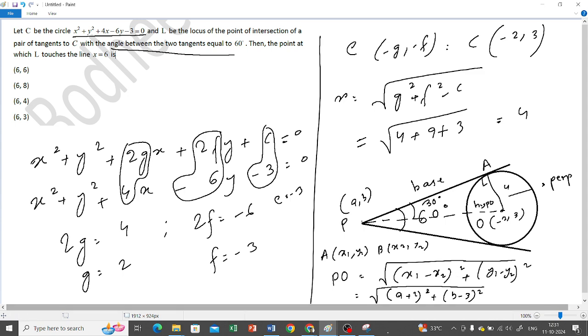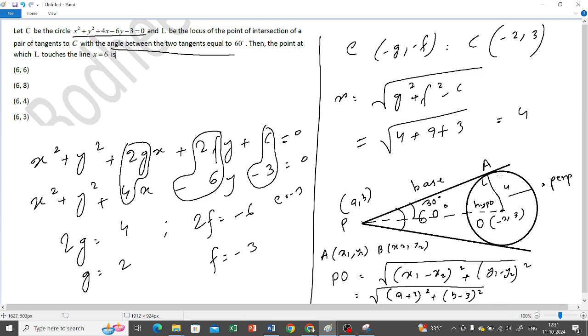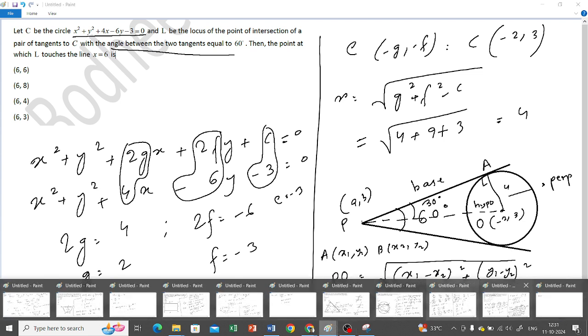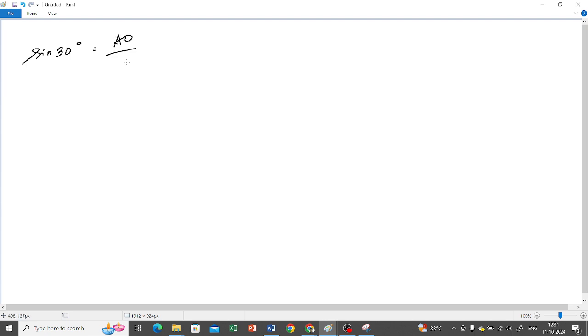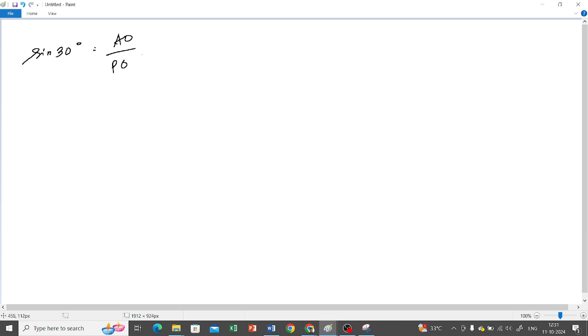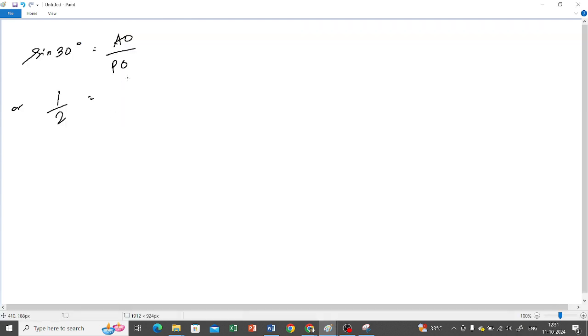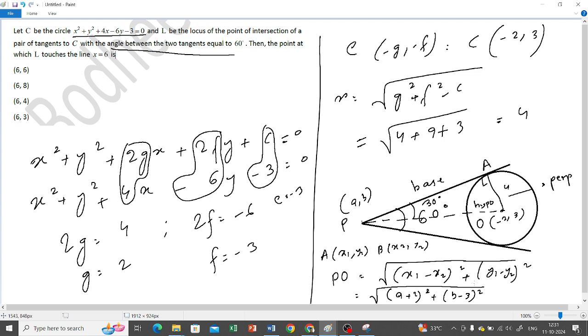So sin theta is perpendicular by hypotenuse, that means AO by PO, which is half. Now what is AO? AO is 4. And what is PO? PO is this.